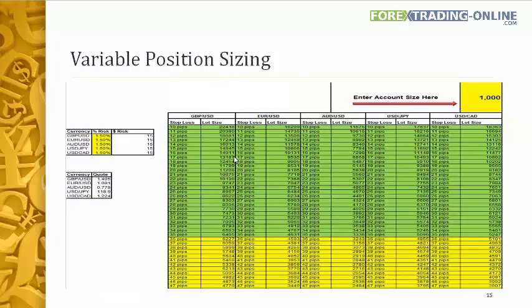So it would be a 0.1 lot of a standard contract. Okay, this is basically what we use in order to position the size of our trade accordingly, so we are within our risk parameters of not risking more than 2% per trade.